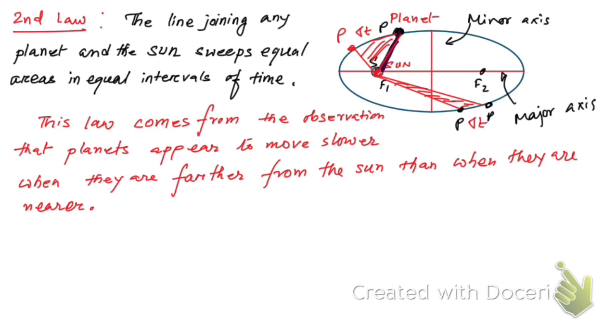Then these two areas will be equal. So let me name it. This point is S, this is suppose P1, this is P2, this is P3, P4.